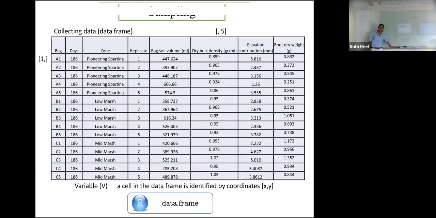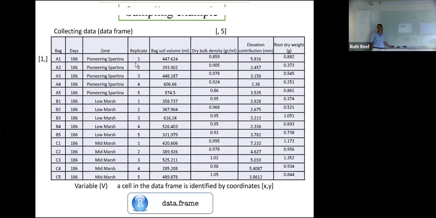So here's an example of a spreadsheet someone took. We have some sort of bag number. These are the numbers of days those bags were out in the field. This is the zones those bags were out. Those zones are categorical. These are the replicate numbers.